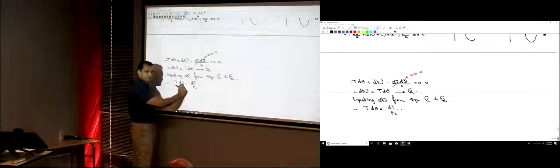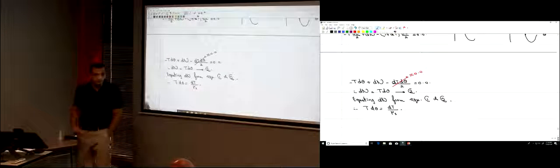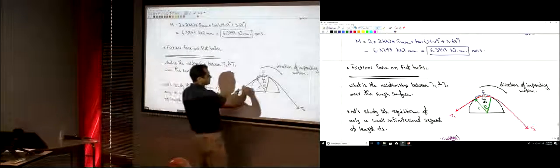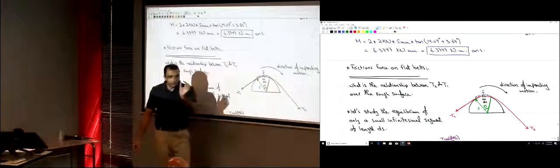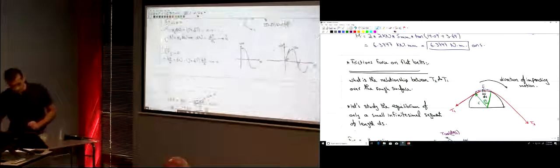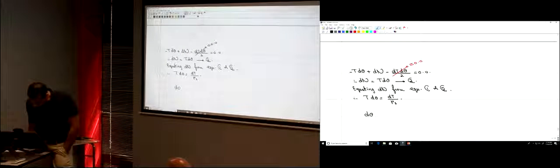So if you have a change in the angle of d theta, the tensile force will change with this magnitude, dT. But actually, we want to find the change in the tension along this angle theta, not along a very small angle d theta. So what would we do here? We're just going to integrate both sides of the equation. So we have mu s d theta equals dT divided by T, okay?